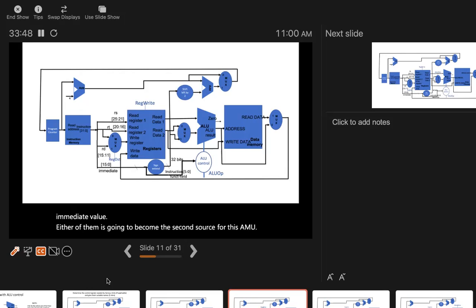So when that control signal is 0, the ALU source becomes read data 2. If it is 1, then it becomes this immediate field. So give a nice name to that control signal. Any name that you would like. It is selecting the source for the ALU to compute.